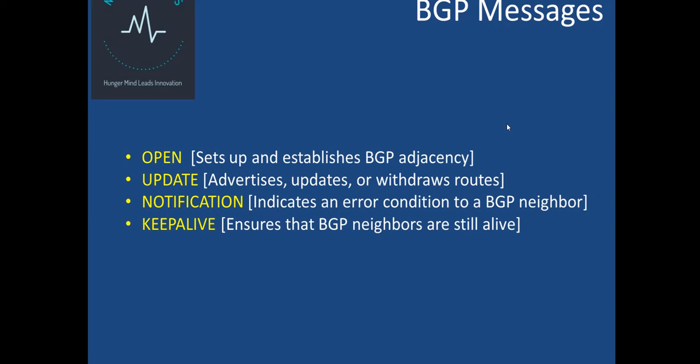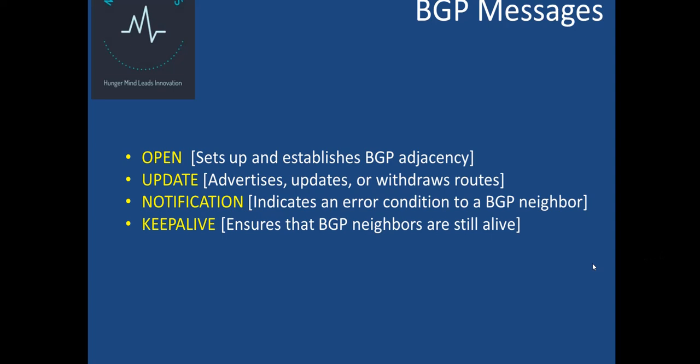If there is something wrong, Router 2 will inform Router 1 through an update or notification. That is why we have the keepalive message. This is about the BGP messages.